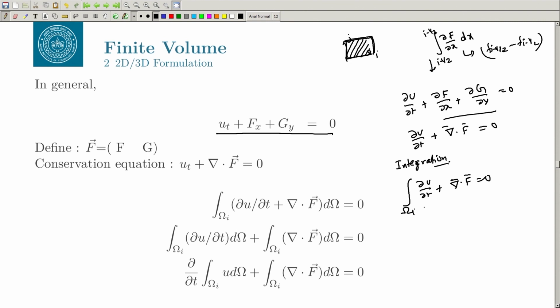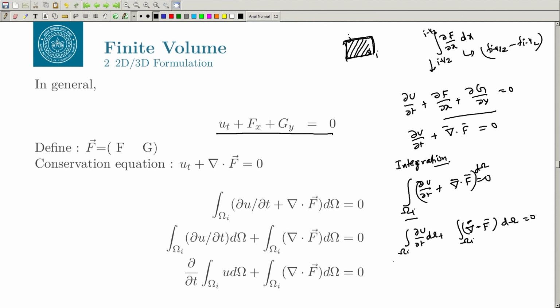This is no longer 1D. Okay. So, this omega i cannot be delta x i. Okay. So, you can take it in 2 parts: del u by del t omega i, this has to be multiplied by the small volume, right, because we are integrating over omega, plus the integral of del dot f d omega equal to 0 over omega i, right.